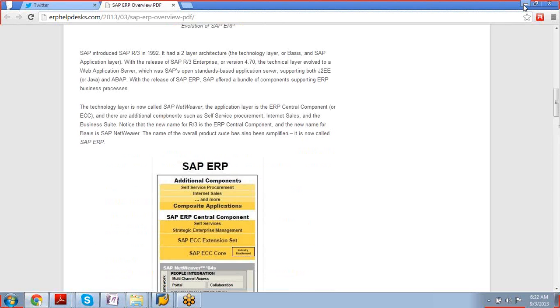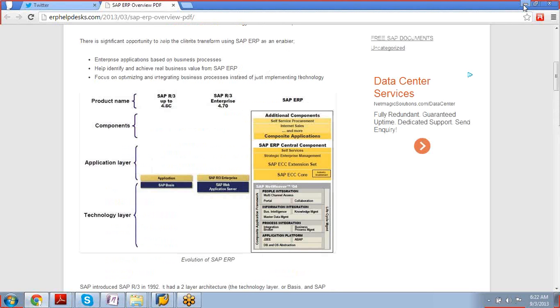So why I would like to start with this: this top layer, write it as components. This layer you have written as basis, the technology layer, and the application layer, write it as components.